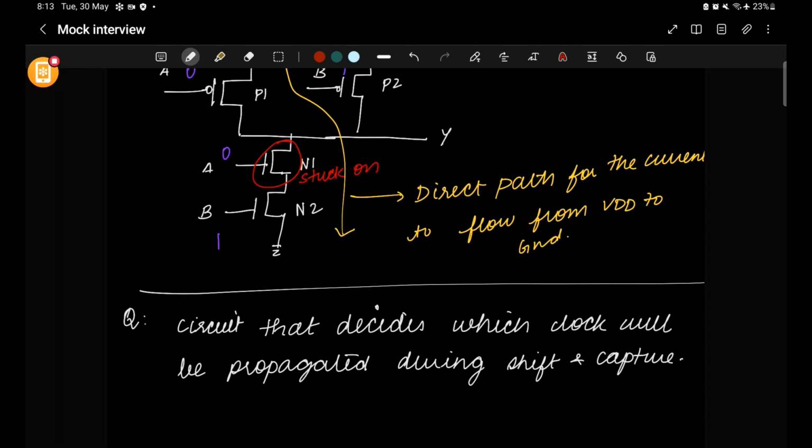Yeah, ma'am, I'm not getting it properly. During shift, slow clock will be propagating. During capture, for stuck-at, slow clock will propagate. For TDF, fast clock will propagate, right? So which logic will basically decide that? Can you explain that logic?